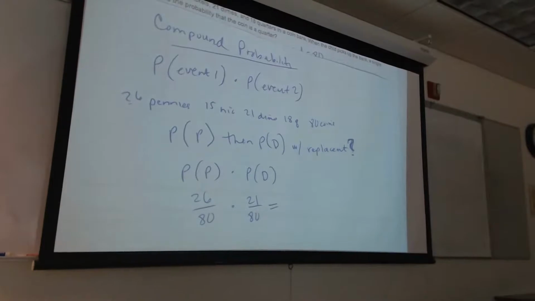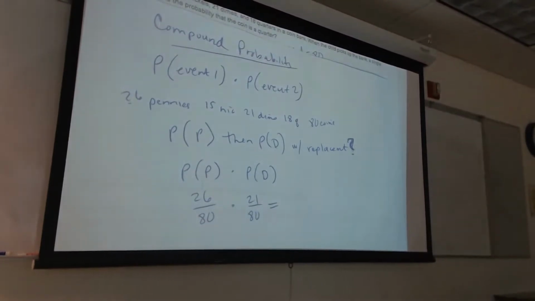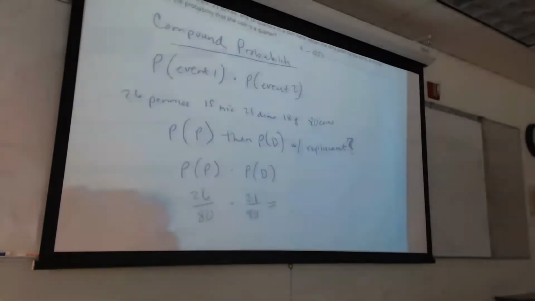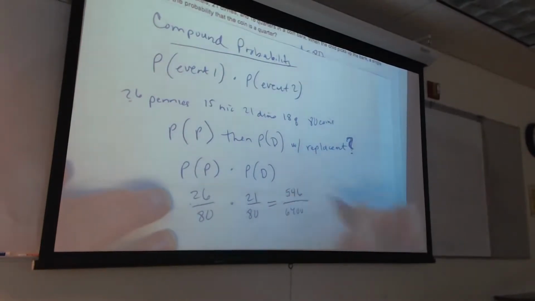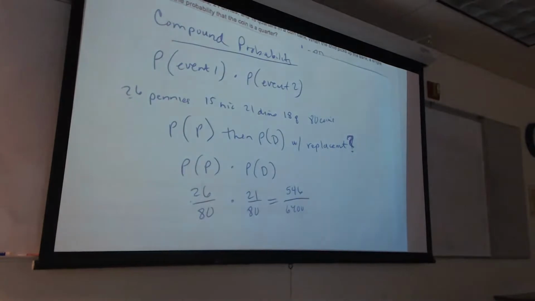Put it back in. So now there's still 80 the second time. So multiplying fractions, just multiply across the top, multiply across the bottom. 26 times 21 is 546, and I'm not going to simplify for now.